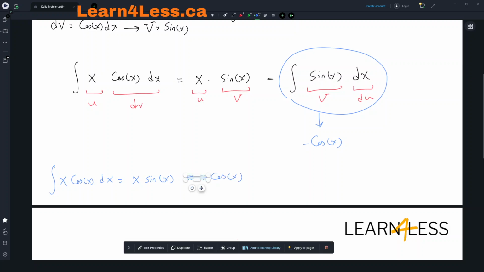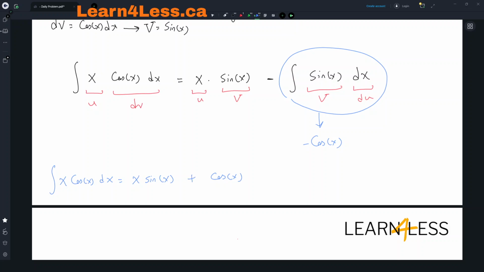And instead of minus, we can write it as a plus sign. Because it's an indefinite integral, it doesn't have any bounds, so we add a plus c at the end. The final answer to this would be x sine x plus cos x plus c.